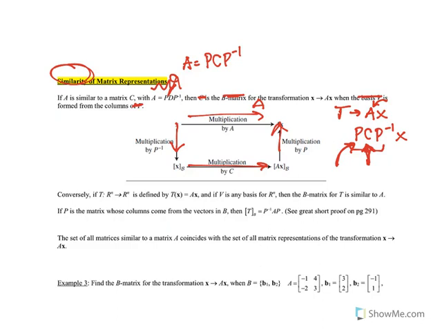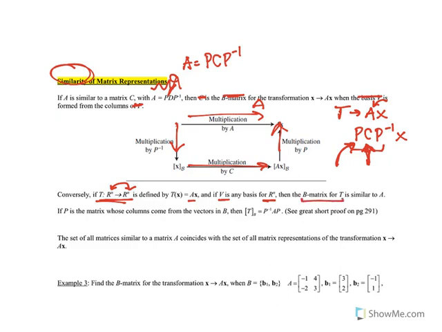That basis is going to go in the columns of P. So here's what this says. Okay, if T is, notice that these dimensions are the same. Okay, so we've got a square matrix. Okay, V is any basis for this vector space we're operating in.